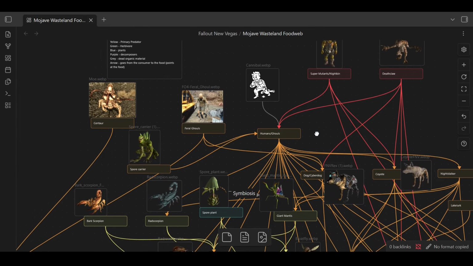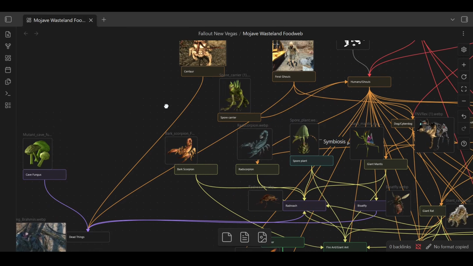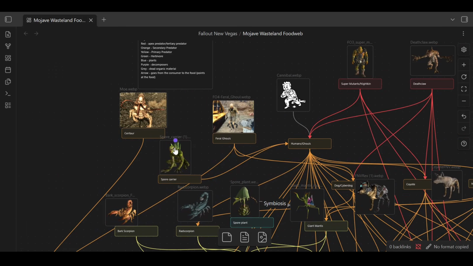And then we come to the next level up. So we've got our humanoid things, sort of. Centaurs are in there, and they probably eat dead things, eat whatever they can find. The spore carriers, we know, do eat people. Whether they can photosynthesize or not, we don't know.